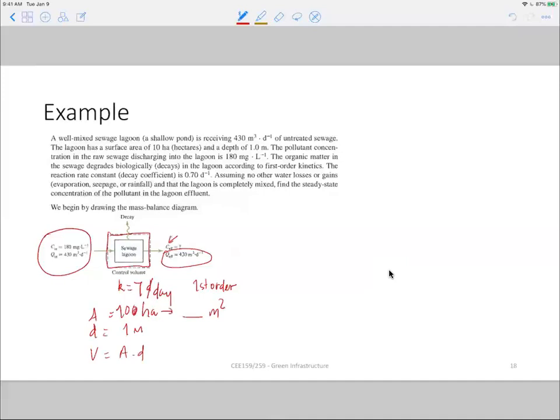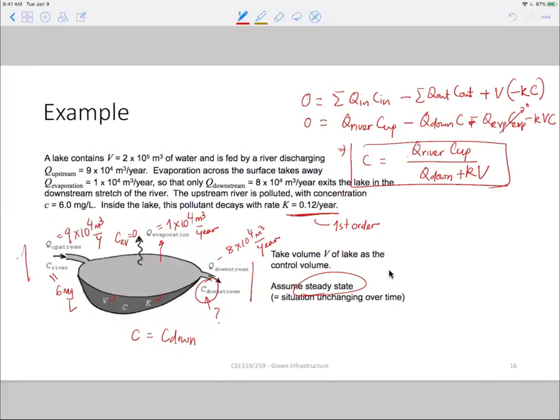Once you get those numbers, you know the volume in meter cube. So you know the volume, you know the rates, everything else is given. You can derive the mass balance based on the previous equations that we derived, and then you can write the final formula, which will be exactly similar to this formula.